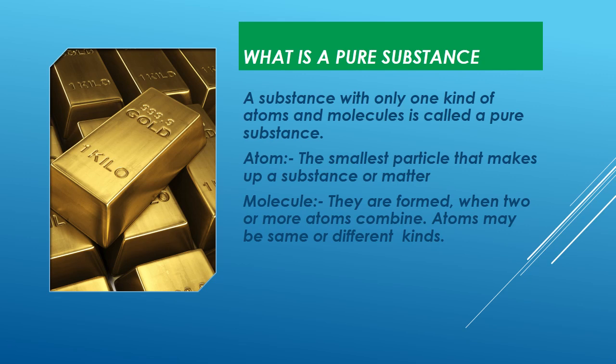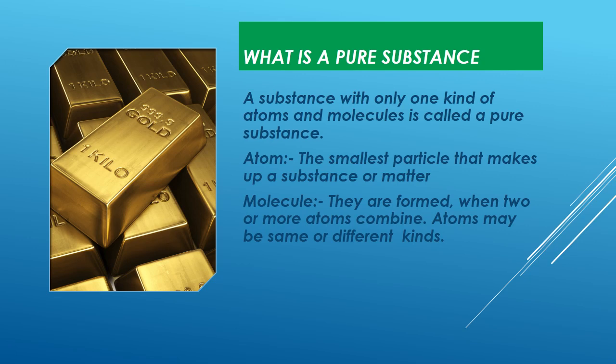A pure substance is a substance that consists of only one kind of atoms or molecules. In pure substances, the atoms and the molecules are combined in a fixed proportion. Now, the substance may be impure also.